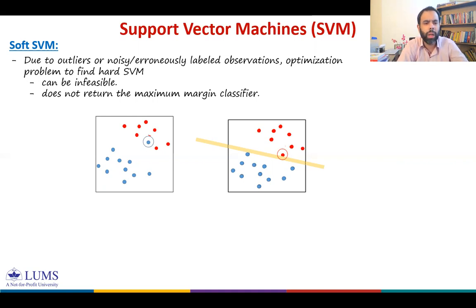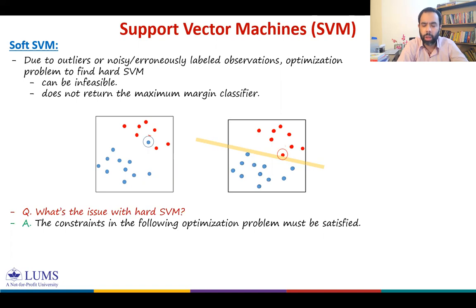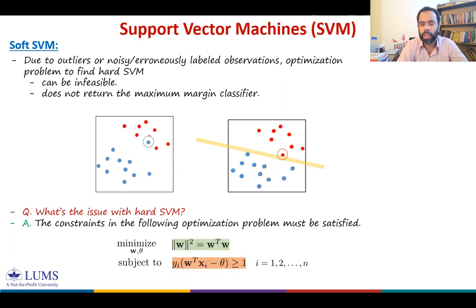So what's the issue with hard SVM in fact? The answer is the constraints in the optimization problem must be satisfied. And what are these constraints? We require y_i (w^T x_i - theta) is greater than or equal to 1, and we require this for each i.